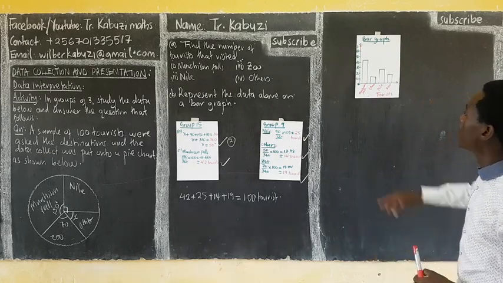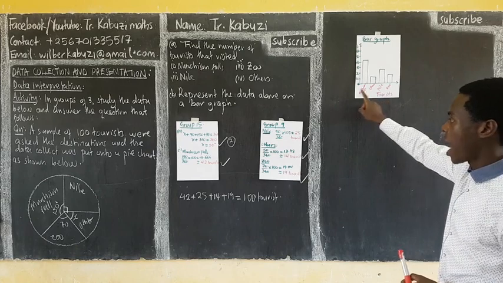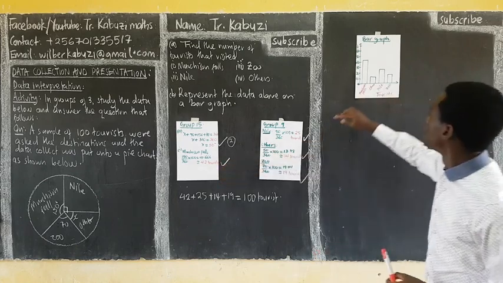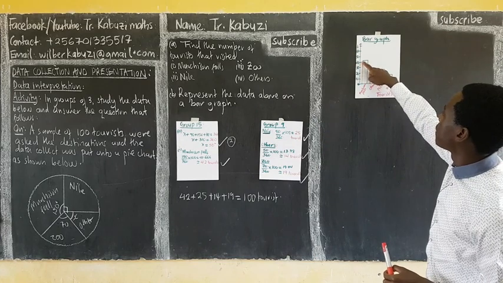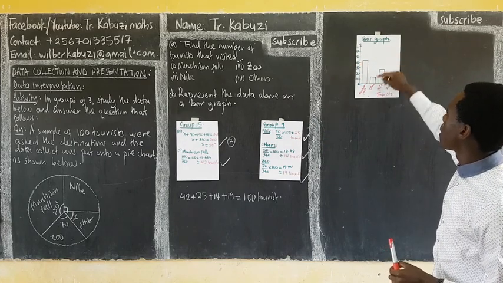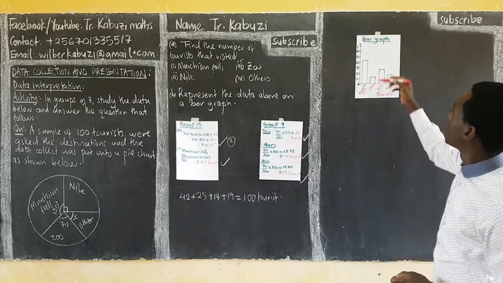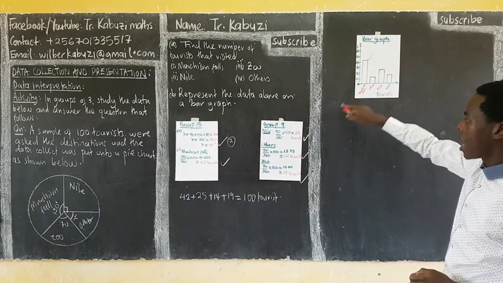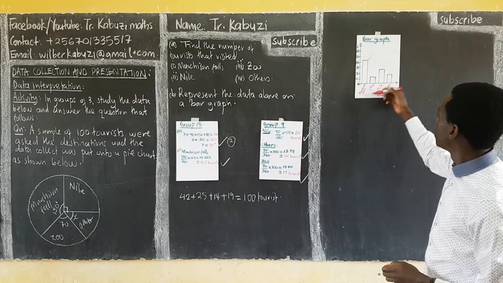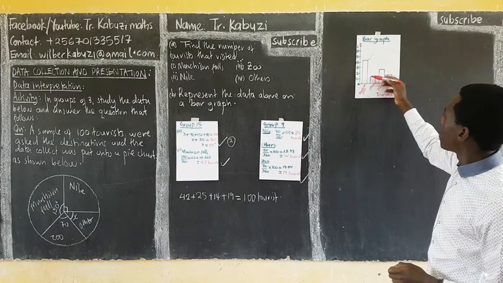Okay. So Maxwell Falls was having 42. Then the scale they use is 10, 20, 30, 40, so 42 is around there. Then others they are having 14, above 10.